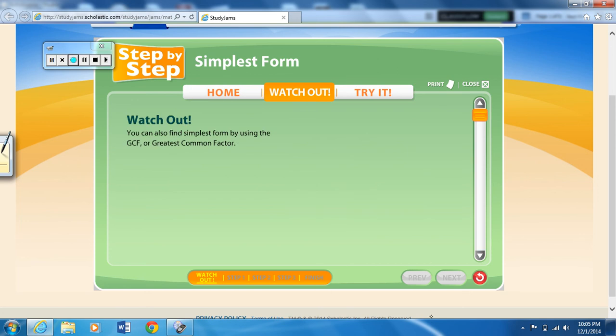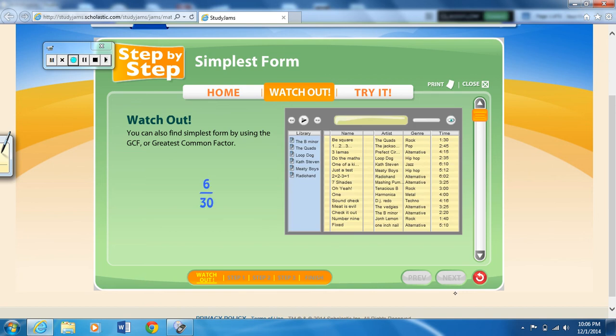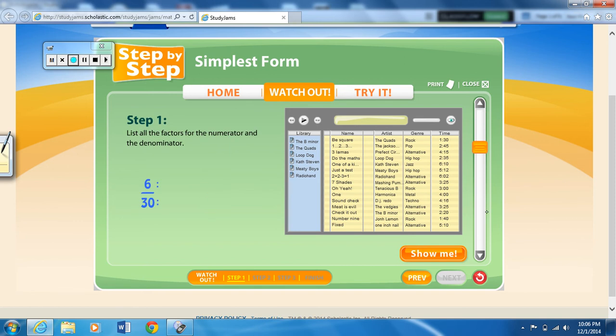You can also find simplest form by using the GCF, or greatest common factor. Let's take that problem with Zoe's playlist, 6/30, again. Check it out. First, list the factors of the numerator and denominator. The factors of 6 are 1, 2, 3, and 6. The factors of 30 are 1, 2, 3, 5, 6, and 10.